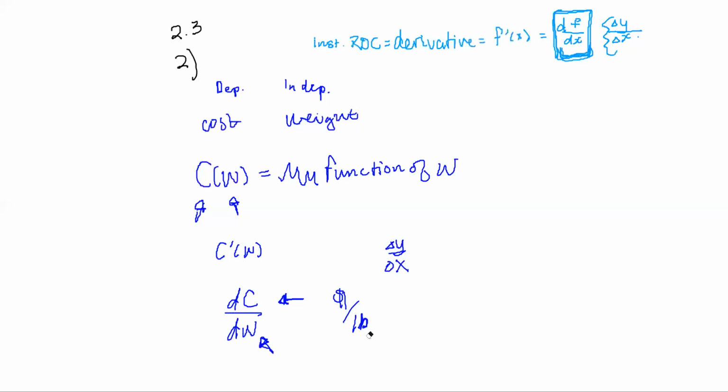Yes, it does matter which one is on the top and bottom. The independent variable is always going to be on the bottom. The way I remember that is dy dx. If I have a generic graph with x as the x-axis and y as the y-axis, then y equals f of x, so y is dependent on x.